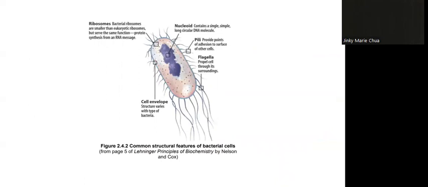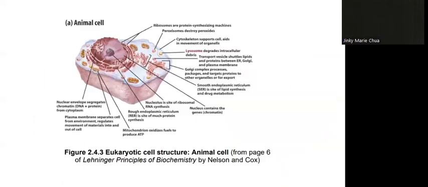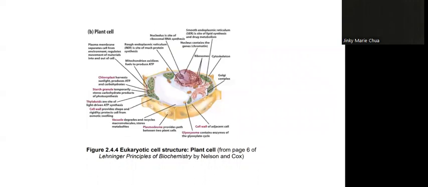This is the common structural features of bacterial cells. Here are the common structures of your eukaryotic cell, your animal cell specifically, and the structures of your plant cell, also a eukaryotic cell.